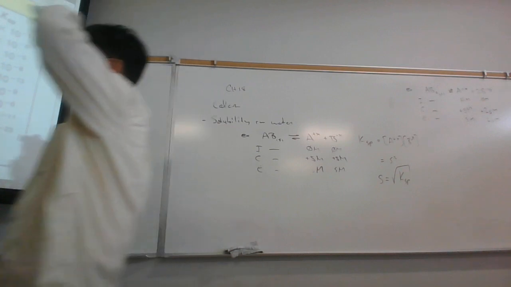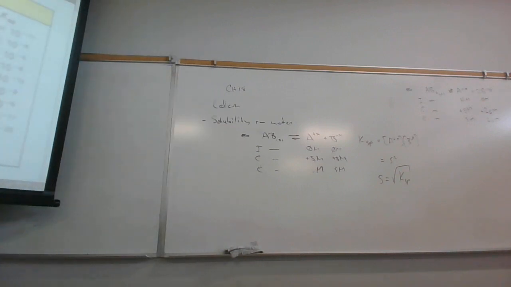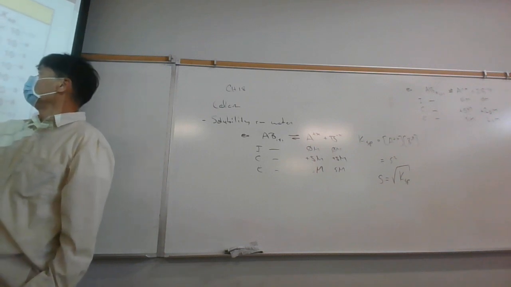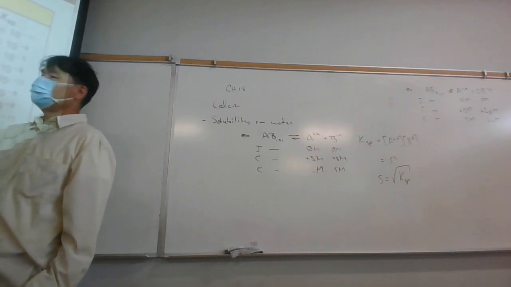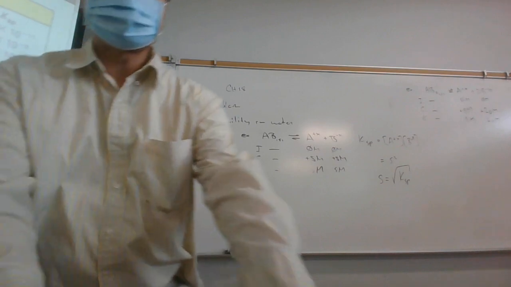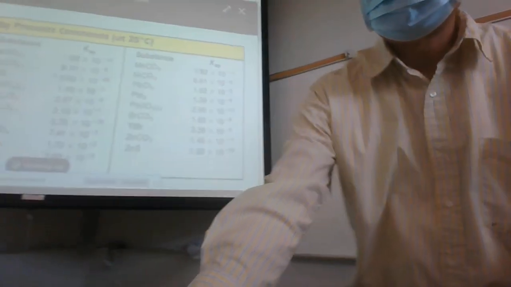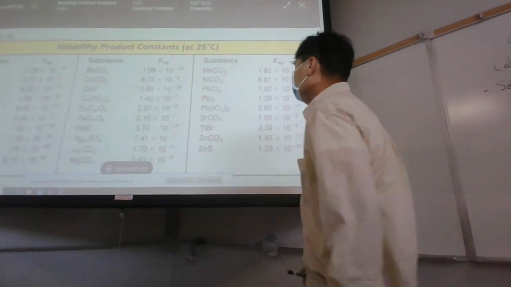So, what would be examples of that here? Let's see. Lead 2 iodate. If I want the solubility of the lead 2 iodate, look at that over there. Let's take a look at the table here.